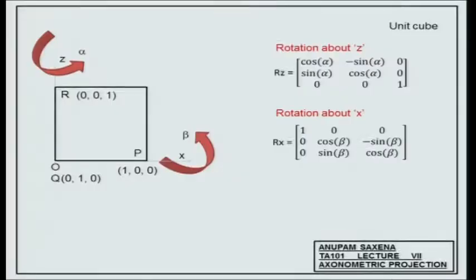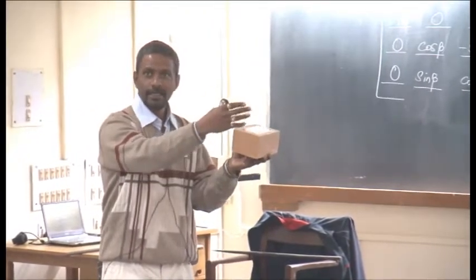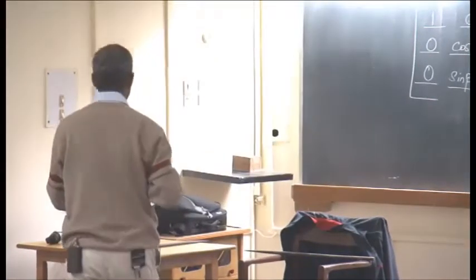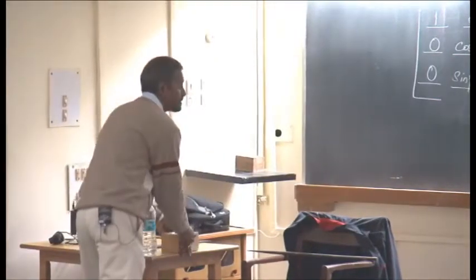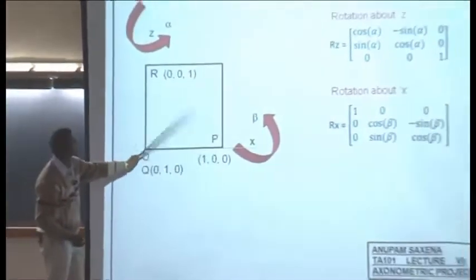And the third step is whatever you see here, you have to project that on the vertical plane. What happened then? Your vertical plane is what? XZ plane. Your vertical plane, your screen plane is the XZ plane.